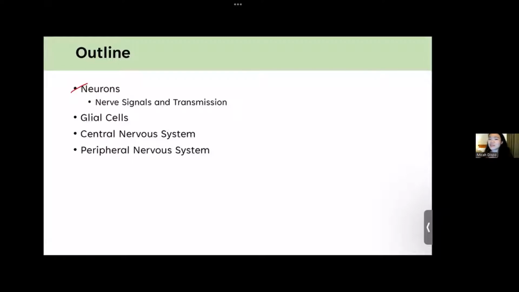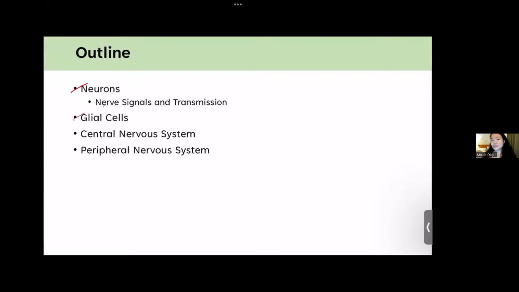Instead, we shall be discussing nerve signal transmission, or the mechanisms of how these neurons communicate with each other. We shall also be discussing the other cells present in the nervous system, or the glial cells or neuroglia. Then finally, we shall be talking about the central nervous system and the peripheral nervous system.